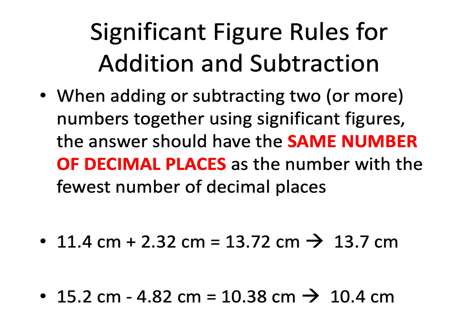So my answer, I get 10.38, but I should have only one decimal place. Now, because this is 38, I'm going to round up and make that 10.4. So 15.2 centimeters minus 4.82 centimeters should give us 10.4 centimeters. That's using the significant figure rules for addition and subtraction.